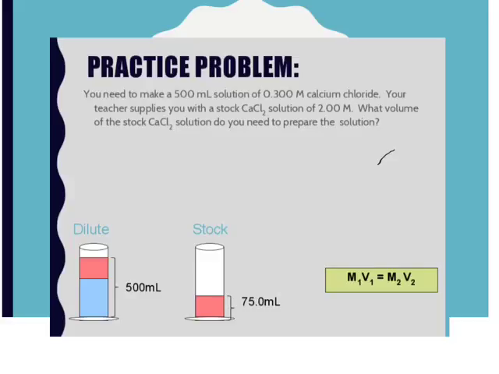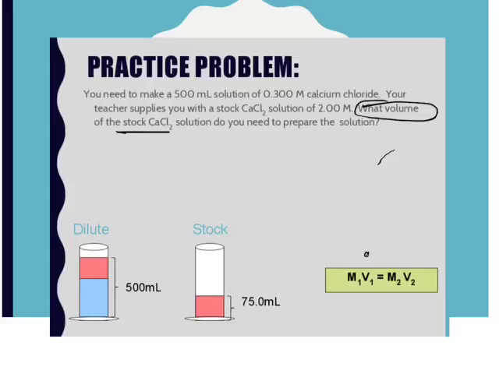Let's go ahead and go to the question. Look at this. It says what volume of the stock solution do you need to prepare it? Stock solution, volume of the stock solution. It sounds to me like we are solving for V1. Okay. Now it's telling me that I'm going to make a 500 milliliter solution of the 0.3.